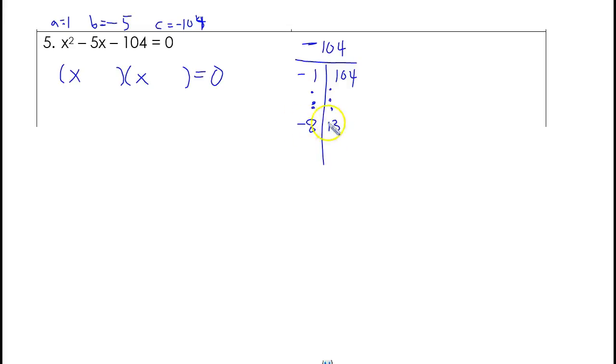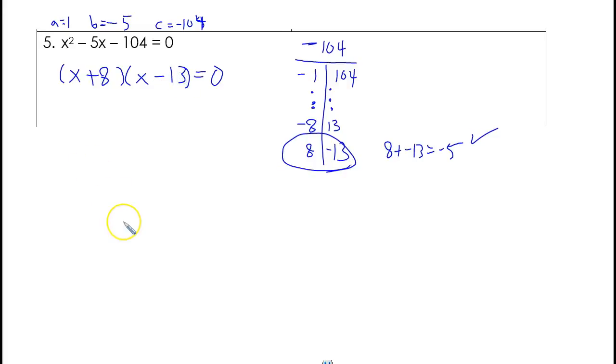And again, when I add negative 8 plus 13, I get positive 5, not negative 5. So got to make sure that the negative is on the larger of the two numbers. 8 plus negative 13 is negative 5. That is what we're looking for. So these are our two numbers that we're going to use, plus 8 and minus 13.